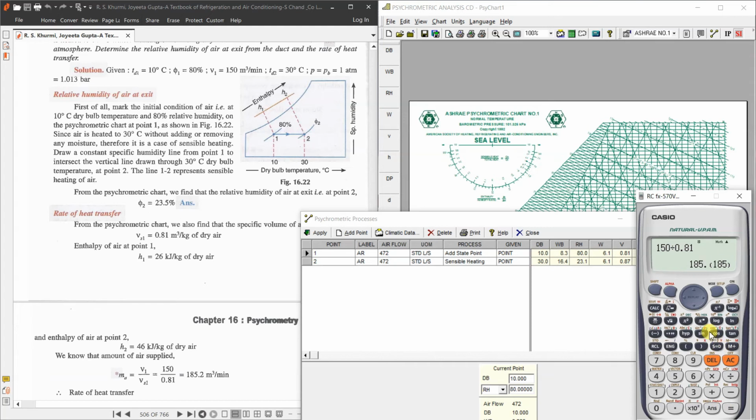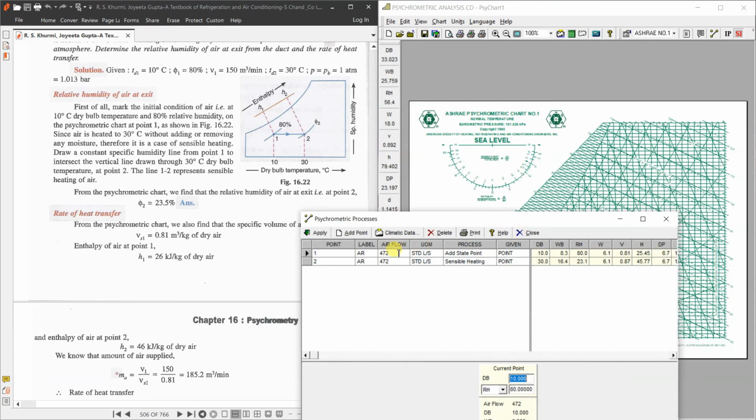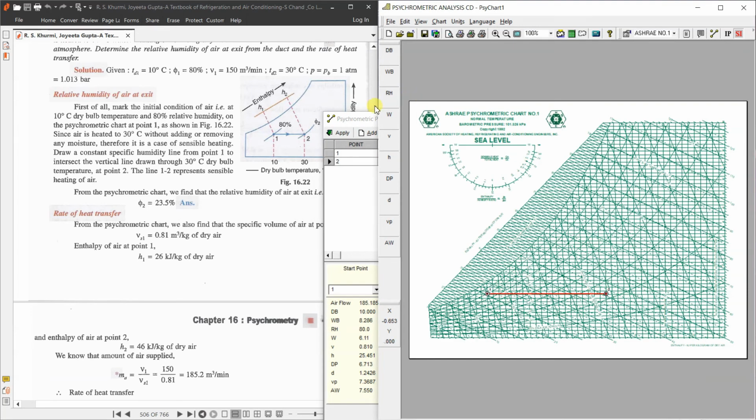So mass flow rate is 185.185 kg per minute. So here I'll select unit as kg per minute, and this value will be 185.185. Click apply. Same way here also kg per minute, value is 185.185. Click apply.